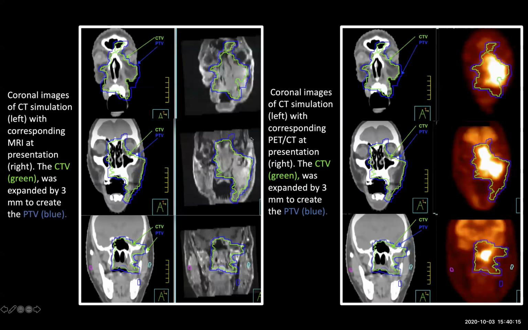This is a coronal image to show you how we contoured the case in relation to the eyes as well as to the brain. We quite often have to have a very frank discussion with the patient from the get-go that the treatment that we give might affect, for example, in this case, the visual field in the inner part of the orbit, or it might affect their ability to have a normal salivary function in the future.